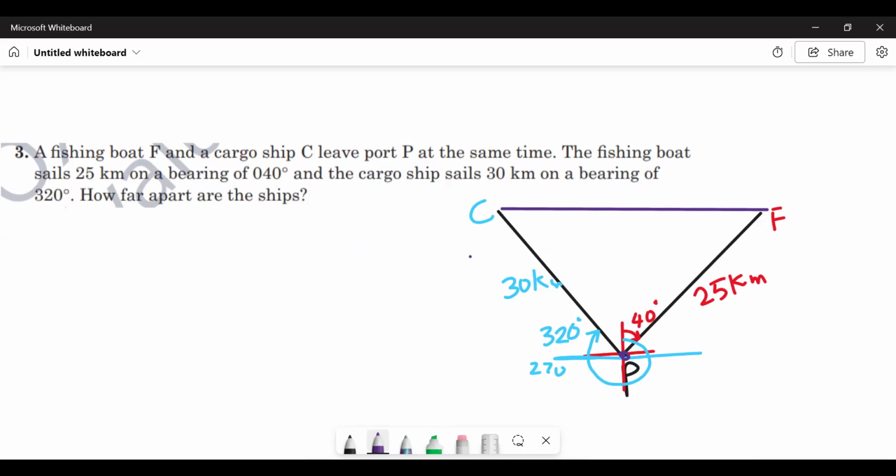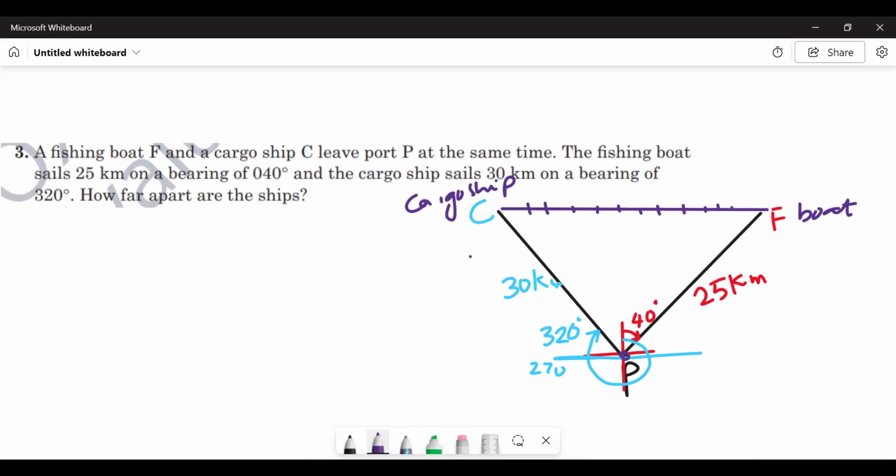The other, the cargo ship, has a bearing of 320 degrees, and it is moving on the other side. It covers a distance of 30 kilometers. So how far apart are the ships? We have to find this distance between the boat and the cargo ship.